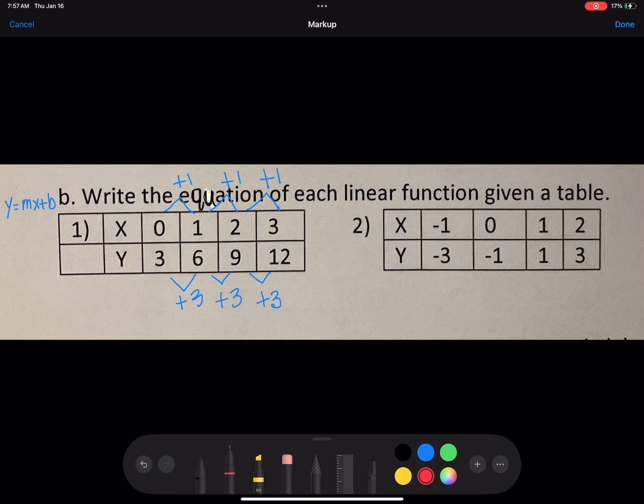I see that I have a rise of 3 over 1, or a slope of 3. Next, I need to find my y-intercept, which is when x equals 0, and I see that my b value is going to be +3. Now I can write my equation for this. My equation is going to be y equals 3x plus 3.